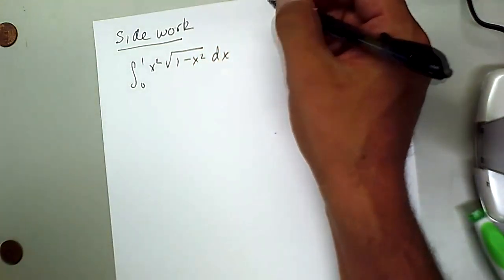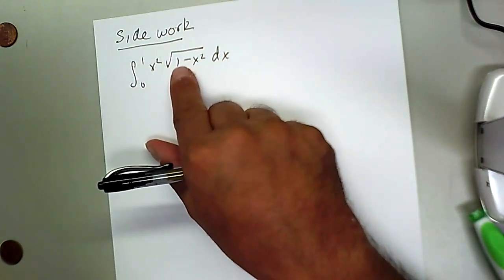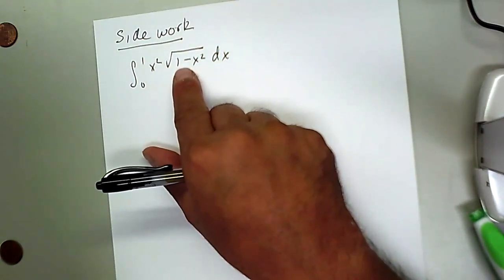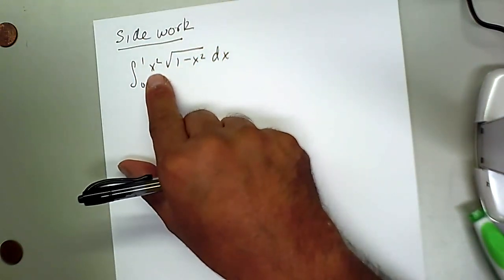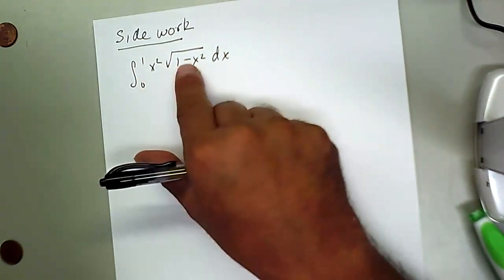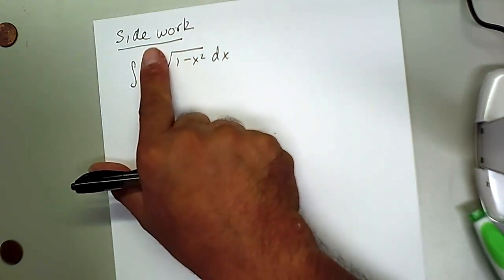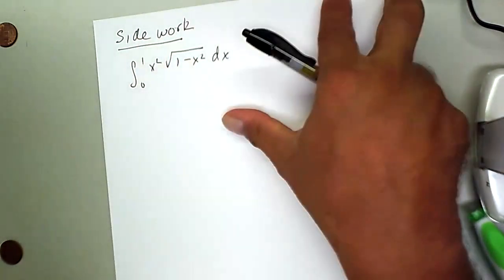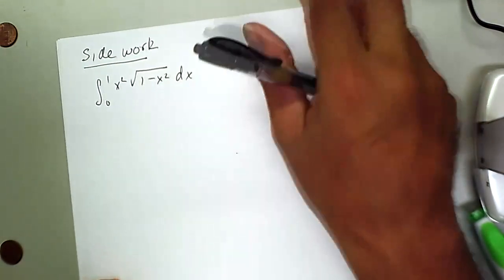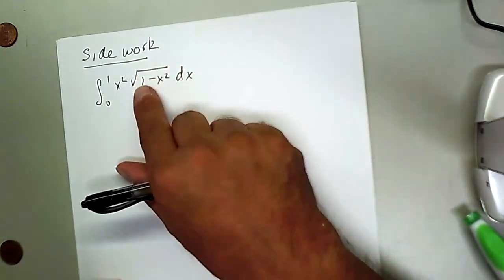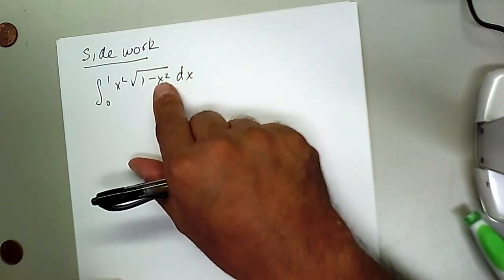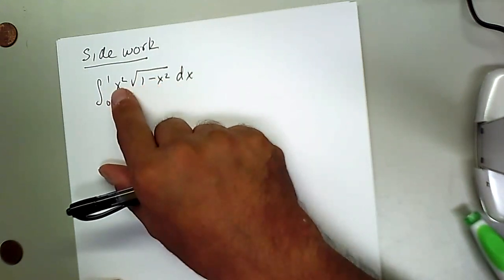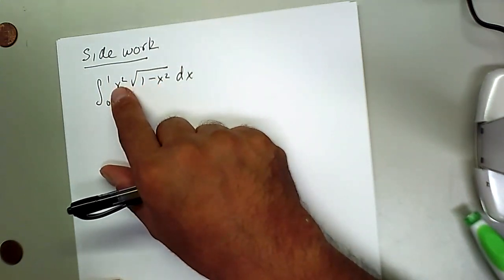We cannot use, of course, the area of a quarter of a circle or anything like that, because as soon as we multiply by x squared, this is distorted. This is not a circle anymore. Just the square root of 1 minus x squared, yes, it would be a circle, but when we multiply by x squared, we don't end up with a circle anymore. And we cannot use a u substitution of 1 minus x squared because we need an x. We have an x squared instead.